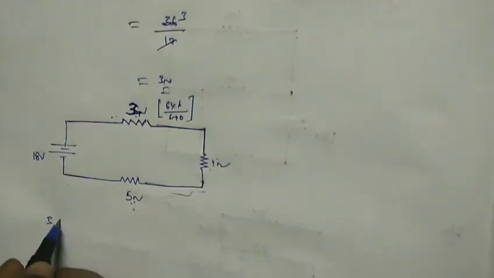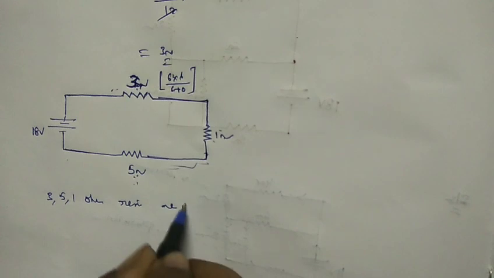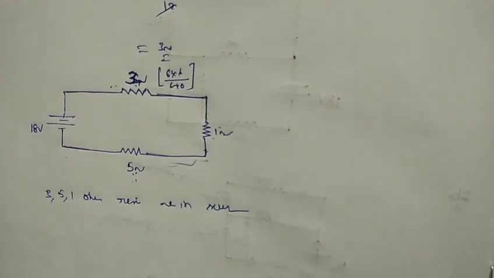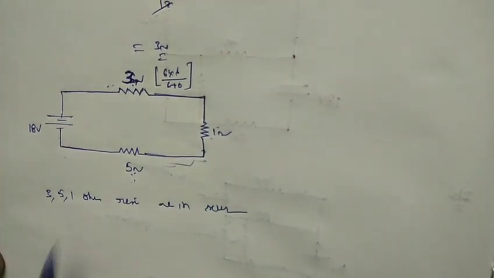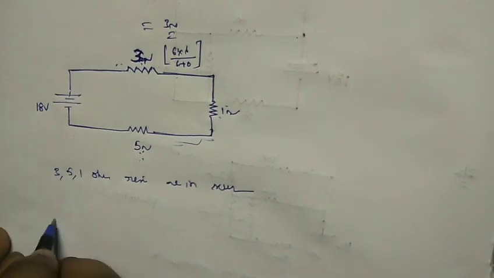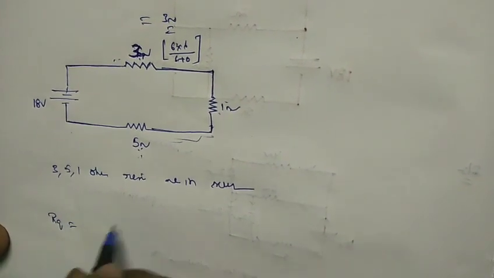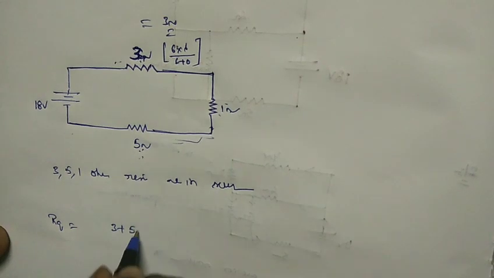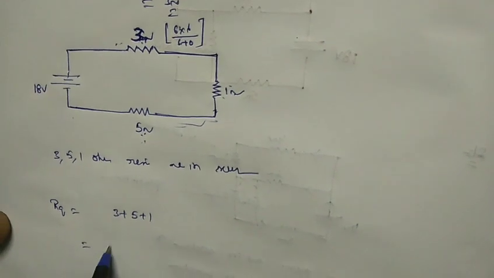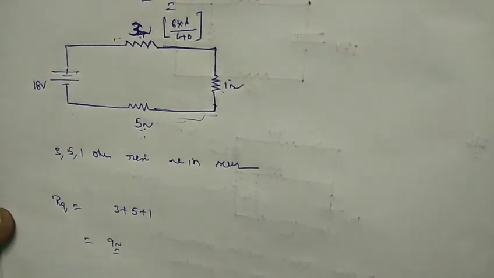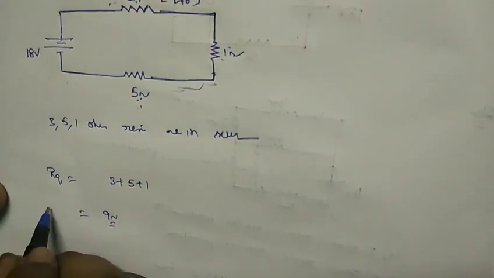Therefore the 3, 5 and 1 ohm resistances are in series. Then we find the equivalent resistance: R equivalent is equal to 3 plus 5 plus 1, that is equal to 9 ohms.